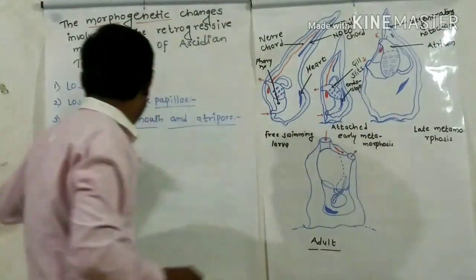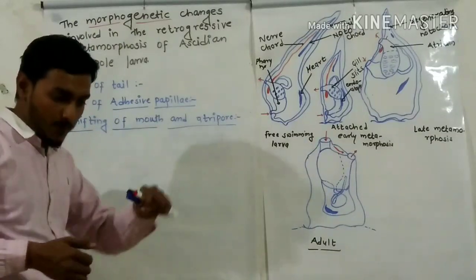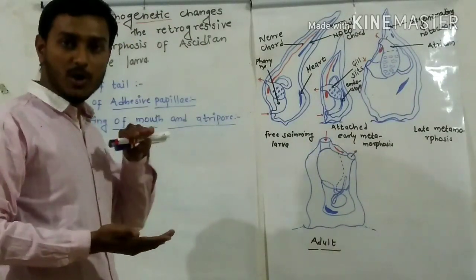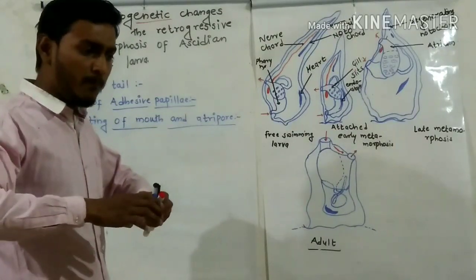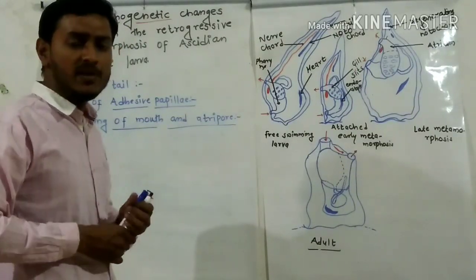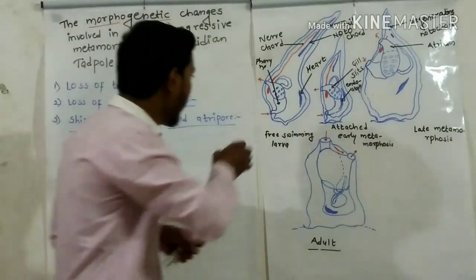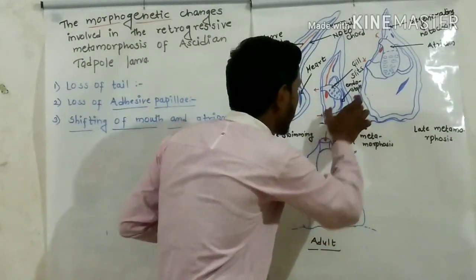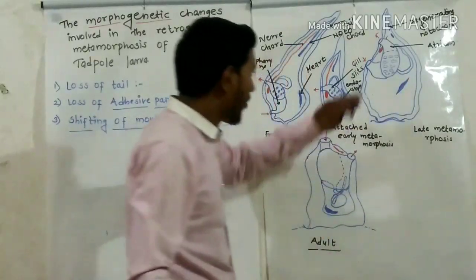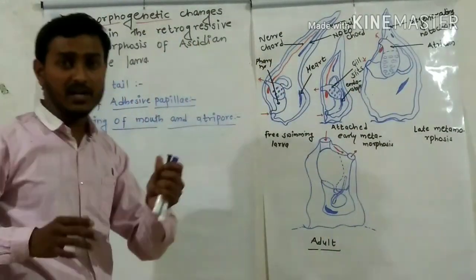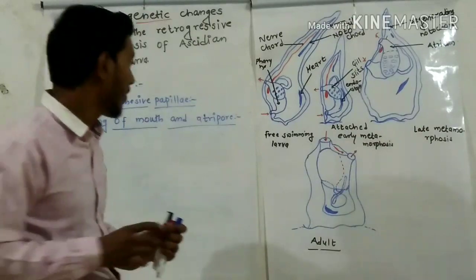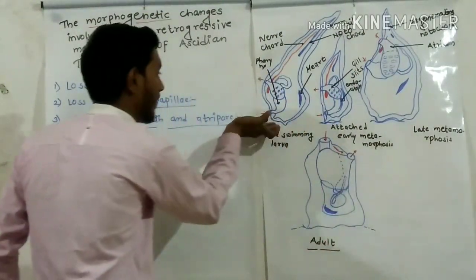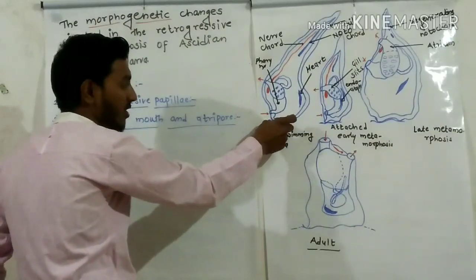First, what happens is that the region between the point of attachment and the mouth proliferates rapidly. Means it grows rapidly, and you can see that the part between the attachment and the mouth grows rapidly, progressively, and the mouth gets shifted by 180 degrees dorso-posteriorly. In this stage you can see that the mouth is closer to the substratum or the attached part.